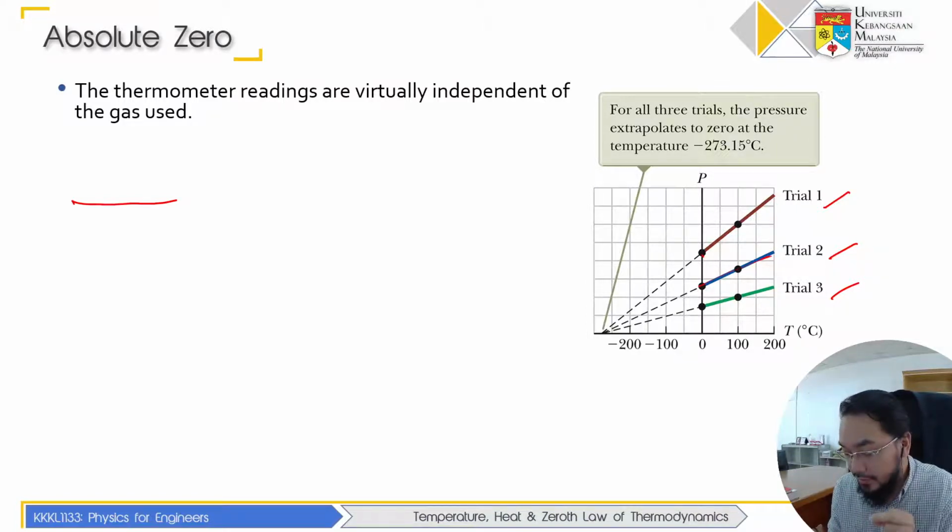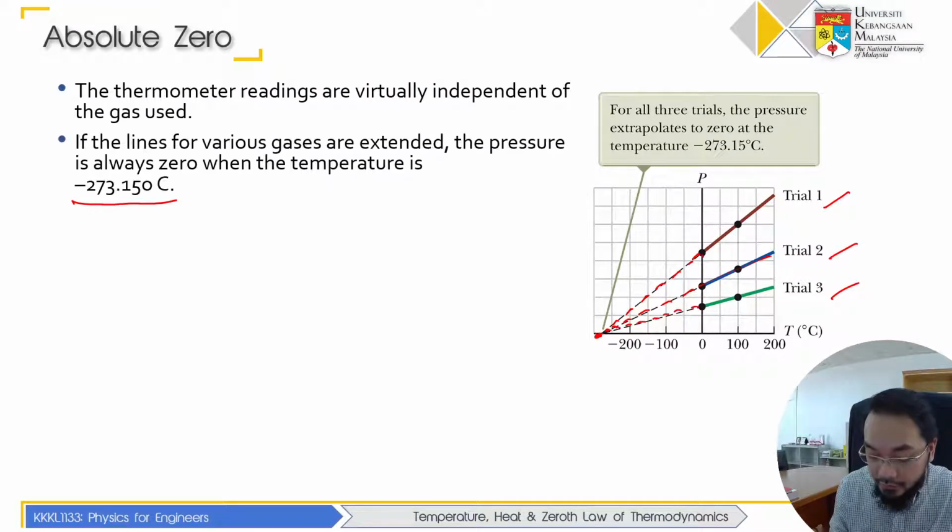Now the interesting thing is that if you extrapolate this line until it intersects the x-axis, you will find out that, regardless of the gas, it will intersect the x-axis at the exact same point, which is at minus 273.15 degrees Celsius. All right, so this one is degrees Celsius.